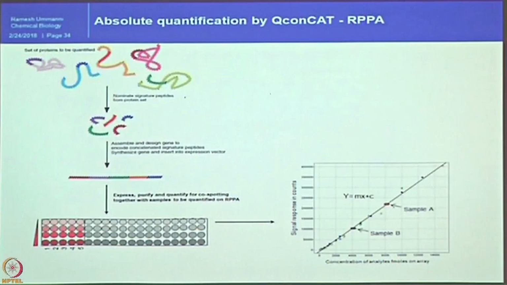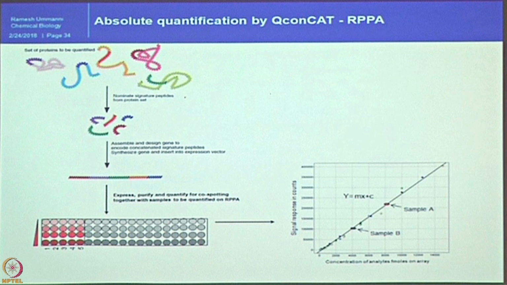You can develop a single fragment like this containing different epitopes, and those proteins can be printed as standards in a concentration dependent manner, and then you can do the RPPA along with unknown samples. Then you can make a graph like this, with concentration of analytes on the array and the signals on the y-axis.